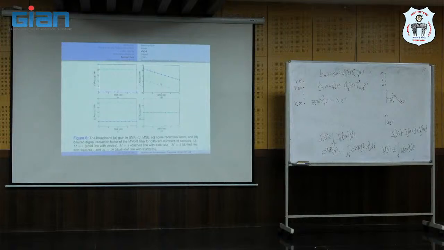If I compare the noise reduction using the MVDR, suppose that I have 5 sensors. This is the red. Okay, 5 sensors. And I compare here the noise reduction. This is the broadband noise reduction factor.